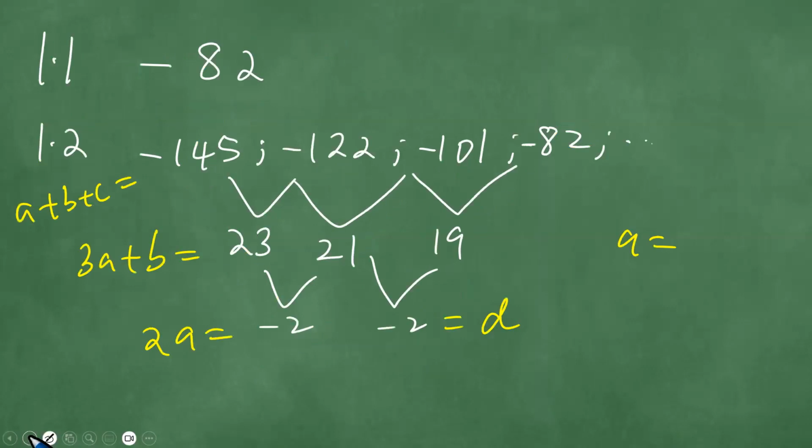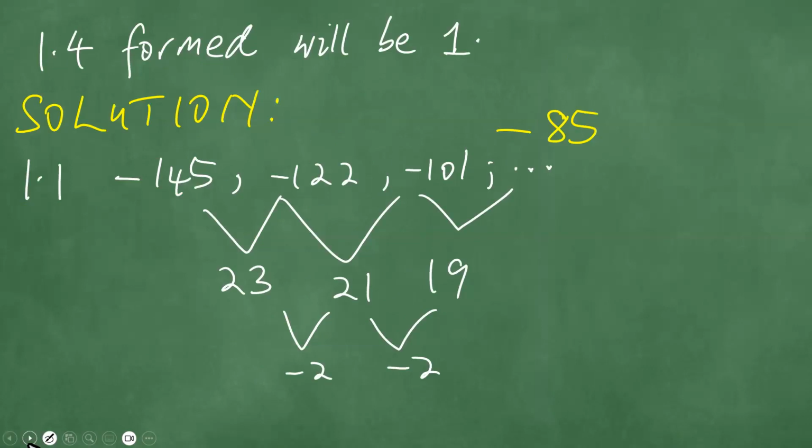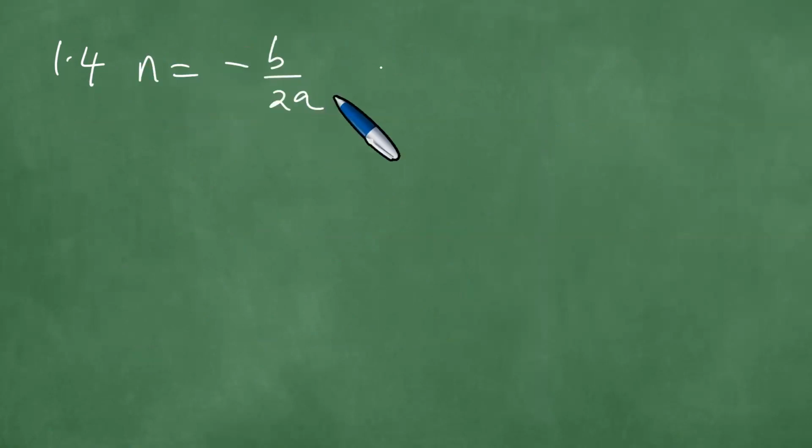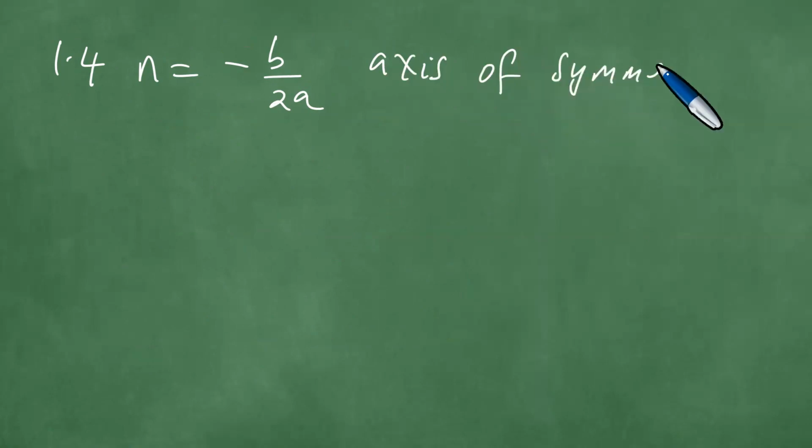To get the maximum term here in 1.4, we use the formula n equals minus b over 2a, and this is for the axis of symmetry of a parabola.